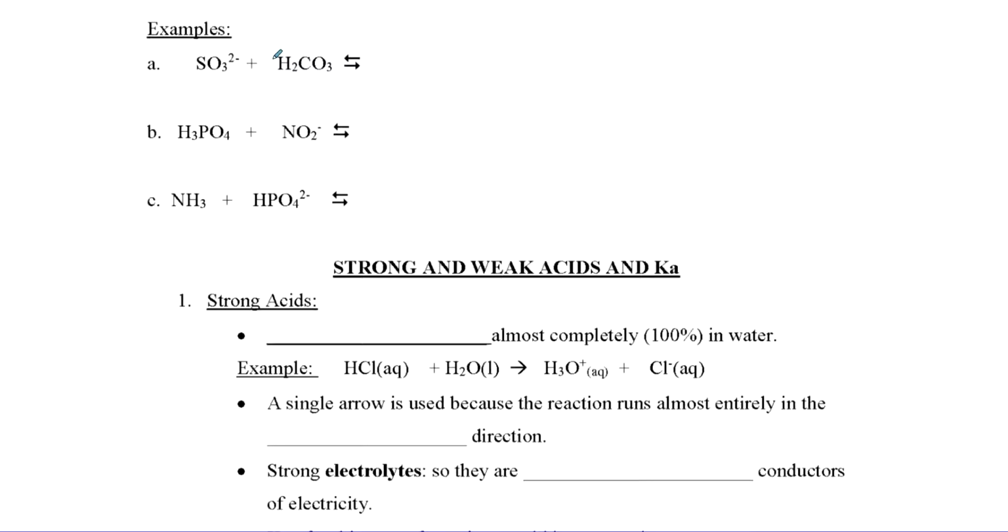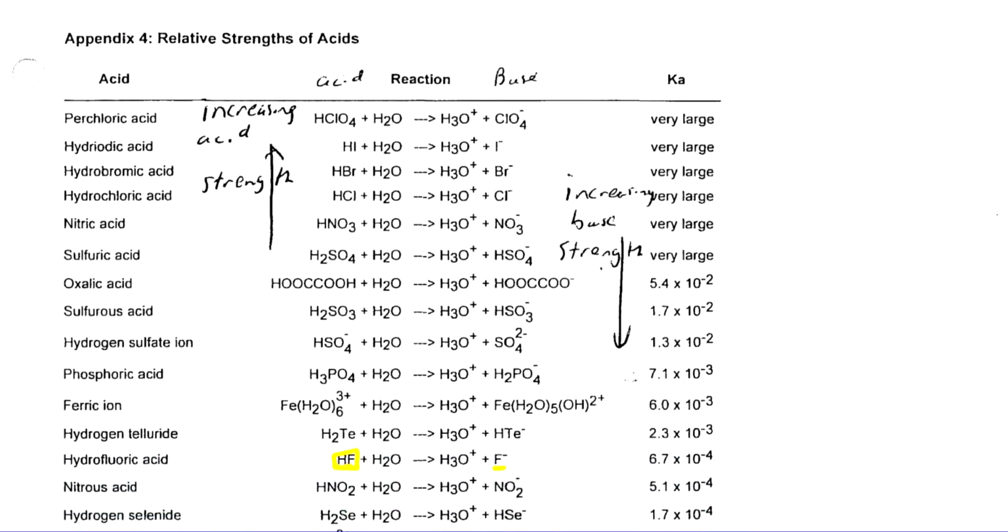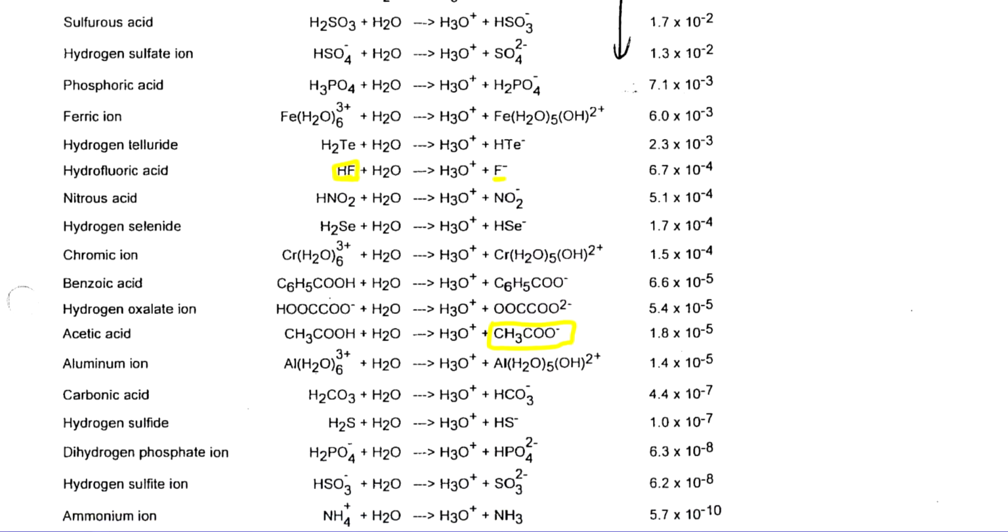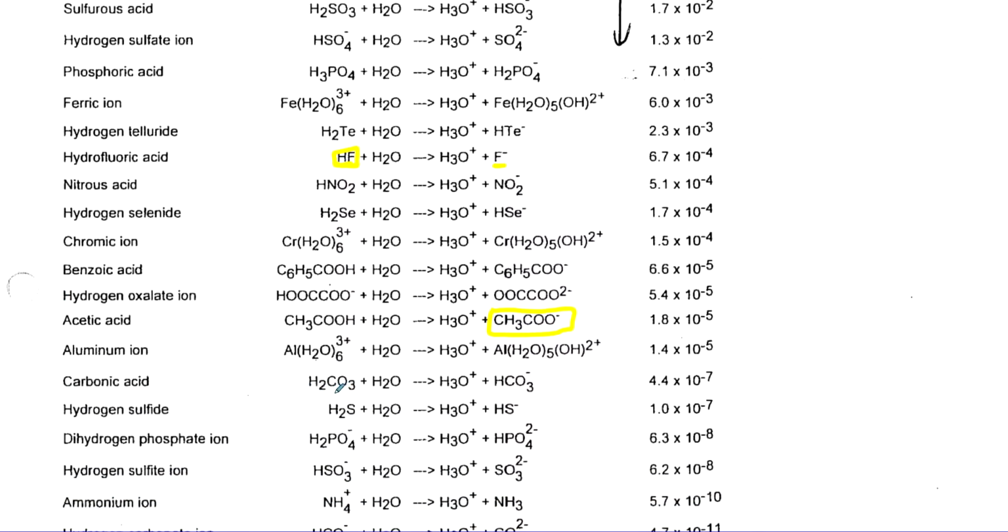So here we've got, again, in this particular case, you would probably easily be able to tell that this is your acid and this is your base, because this guy here doesn't even have a hydrogen ion to donate. However, we can look at our chart to be sure. Okay, so we're looking at H2CO3, which is here, and the SO3 2 negative ion.